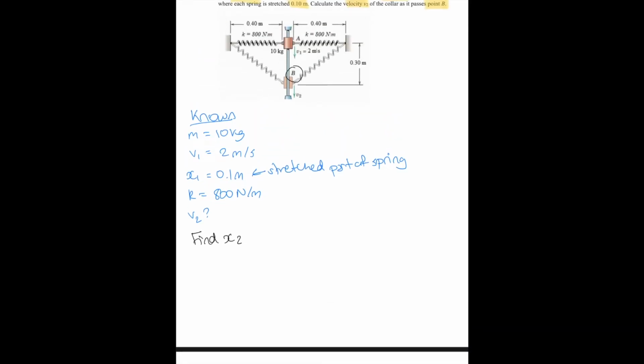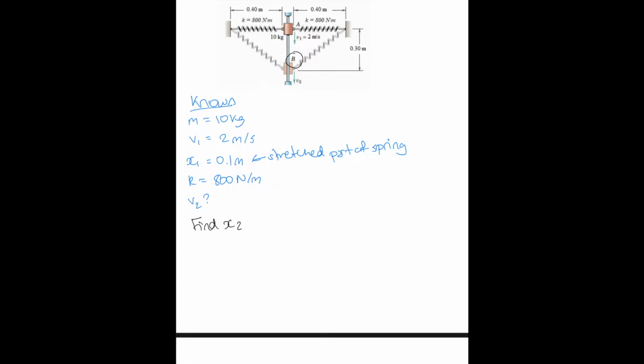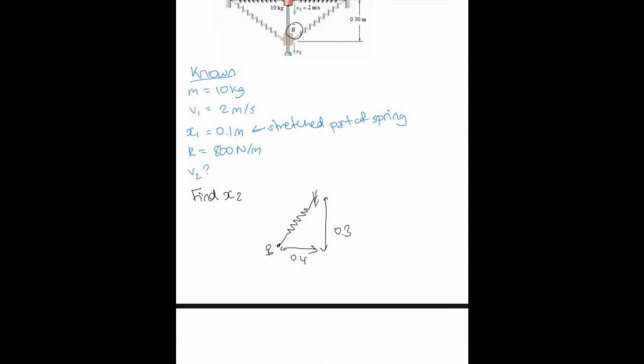Okay, so we're going to start first by finding x2, which is the stretched part of the spring at B. So how do we do that? We've got the spring here. This is point B. And we know that this distance over here is 0.3 meters, and this distance over here is 0.4 meters.